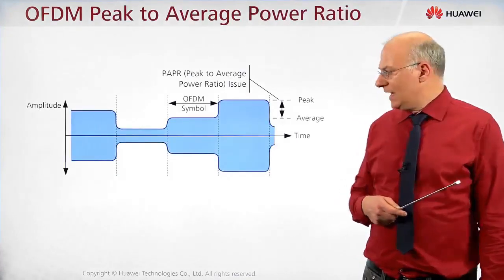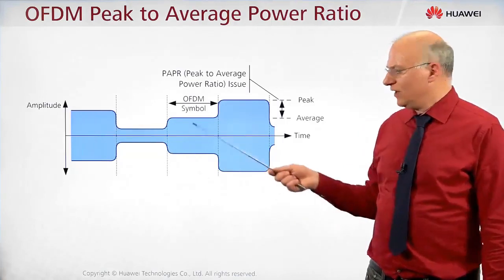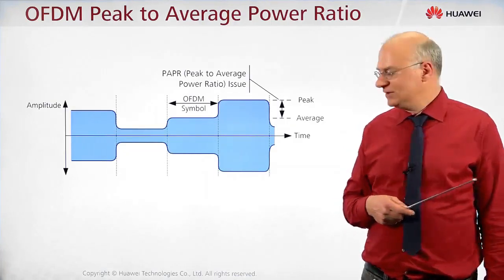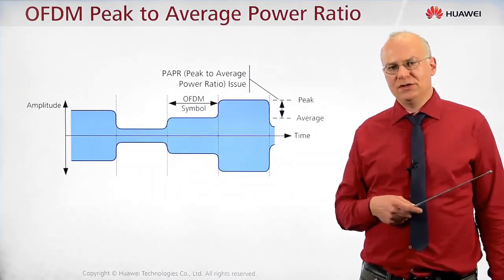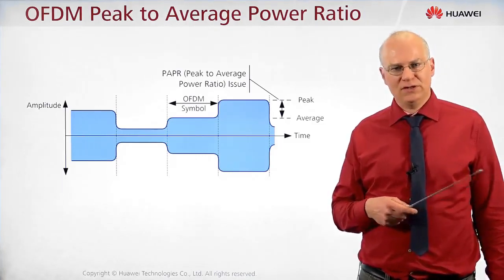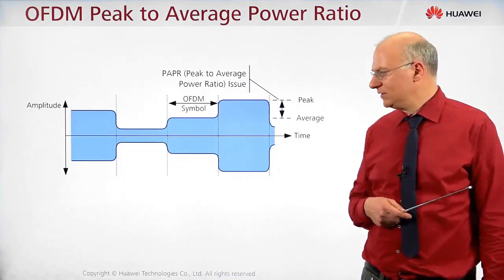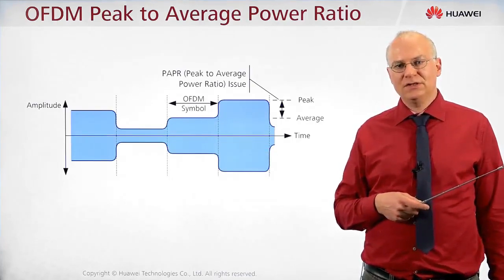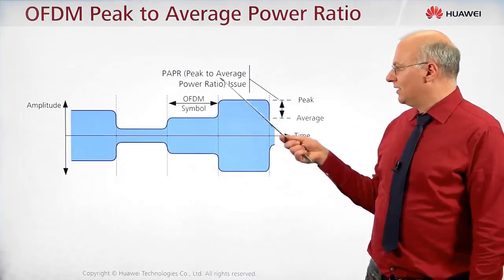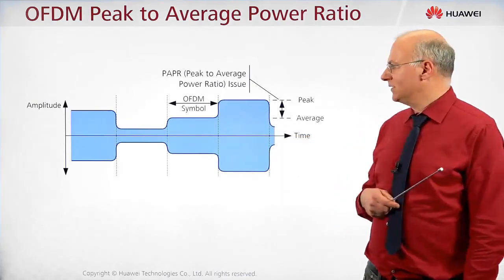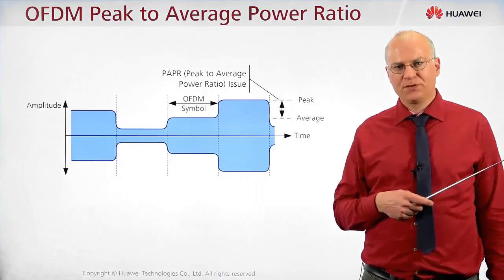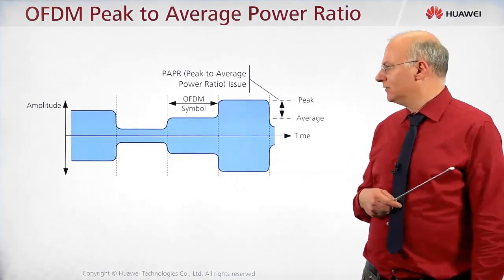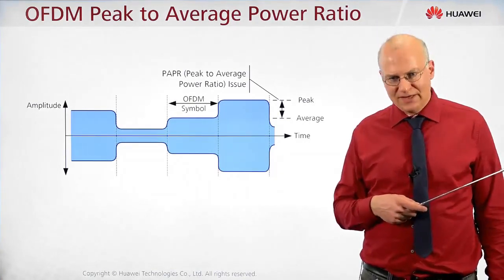If we have a look at the time variation of the amplitude of one OFDM signal, that depends very much on the information bits or information symbols which are transmitted. So the amplitude variation of the OFDM signal is very high. And we measure this variation as peak to average power ratio. And for an OFDM signal in LTE, this ratio is about 10 dBs.